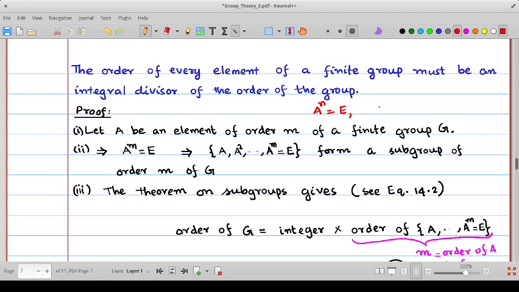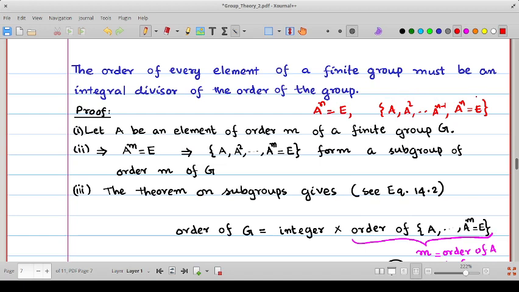Then we can consider the set of elements given by A, A square, etc., up to A to the n minus 1 and A to the n, which is E. And as we have already seen, this is a subgroup of the group, and this is an abelian and cyclic subgroup.